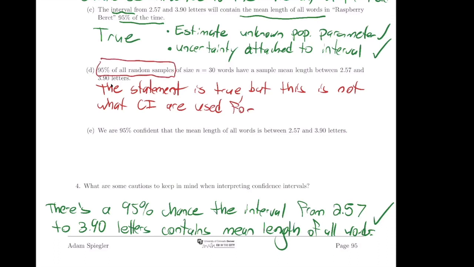We shouldn't be trying to predict where other samples are likely to be, right? So this has the same error as the first one. The statement is correct here. This is a correct way to interpret a standard error or something like that. But we're not trying to predict, if I pick a sample, where is its mean going to be? What we want to do is use that one sample to make a prediction about the population parameter.